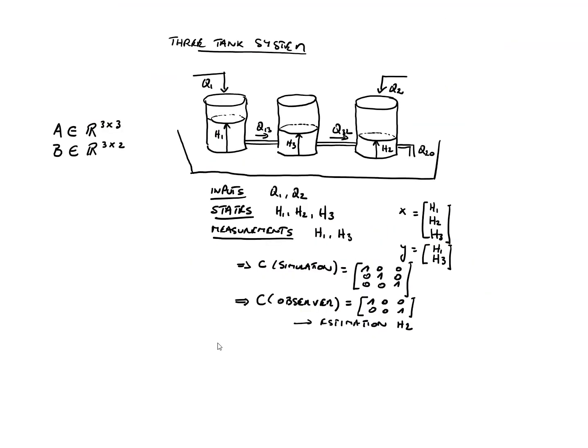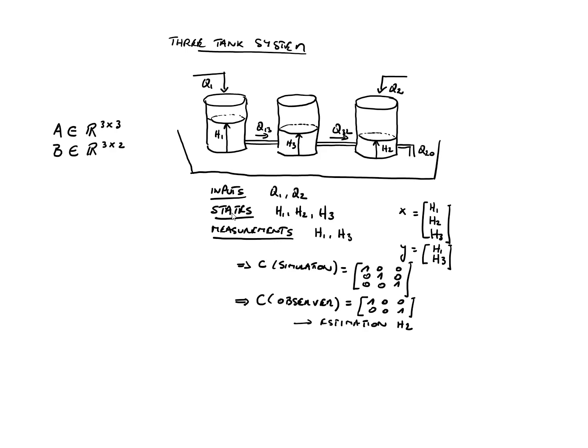Well, to illustrate the concepts, I will use the three tank system. These are three tanks that are interconnected through pipes over here, and there is also an output discharge. This system has two inputs. It's the input flow into tank 1 and the input flow into tank 2.